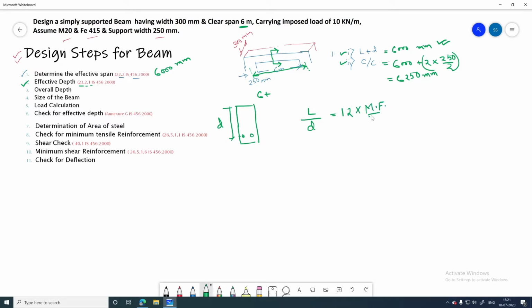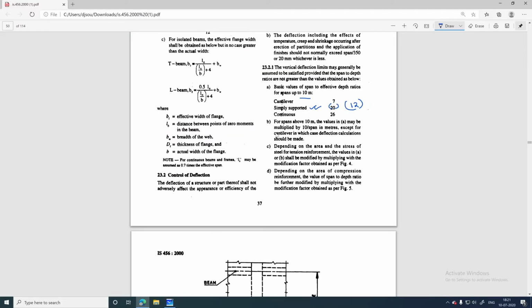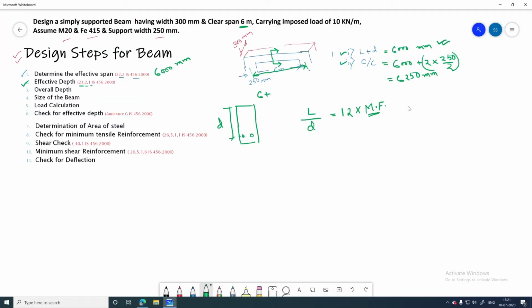Now this modification factor I will show you. Look here, this modification factor comes from here. This is stress of steel for tension reinforcement. For the beam I consider the percentage of steel is 1%. I told you yesterday in the last class, percentage of steel 1%.